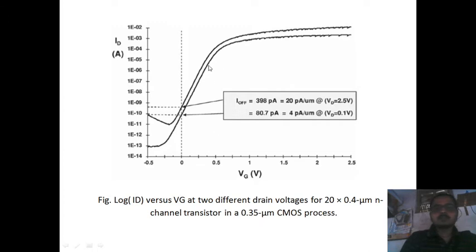Actually, from this 0.5 the curve becomes linear and goes to saturation. But here the curve starts linear in this position for VD equal to 2.5 volts, and for VD equal to 0.1 volt for another curve.